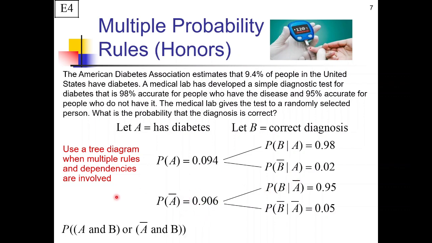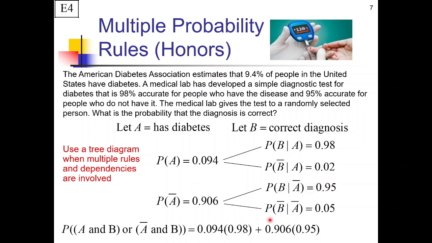So these are both conditional probabilities. These are both dependent probabilities, dependent events. So for P of A and B, that's going to be 0.094 times the conditional probability of B given A, so 0.98. And then since we have an OR going on in here, we have to add. We're going to be adding 0.906 times correct diagnosis for that, 0.95.